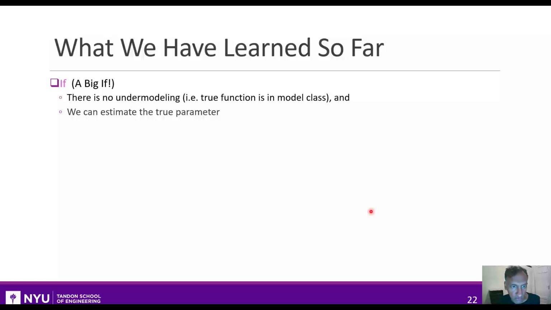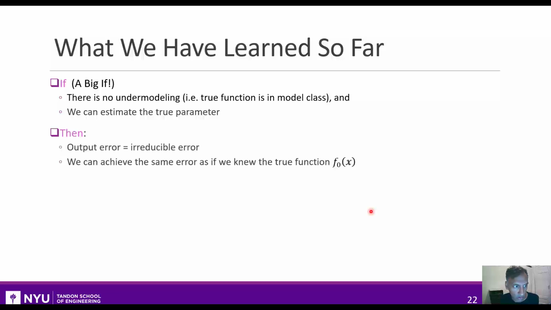Now, what's the implication of this? If there's no under modeling, so the true function is in the model class, and somehow we can estimate the true parameter, we'll see if that's really possible or not, then the output MSE is just the irreducible error. In other words, we can achieve the same error as if we knew what the true function was. So that's great. That's the best we could ever do.